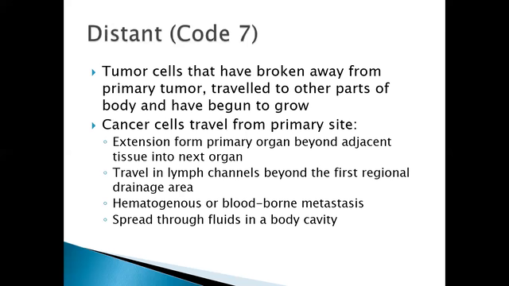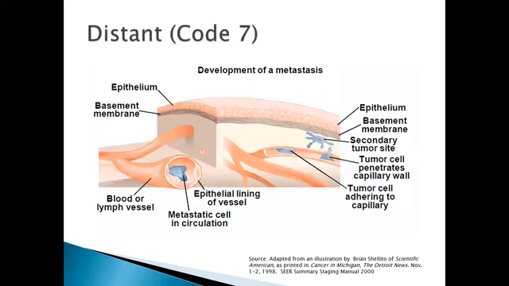But keep in mind that those are the 4 ways that cancer cells can travel from the primary site and become distant metastases. And this is just an illustration of those different ways. There can be those secondary tumor sites that the tumor cells have gone through a different part of the body and have just stopped and started growing in a different area.